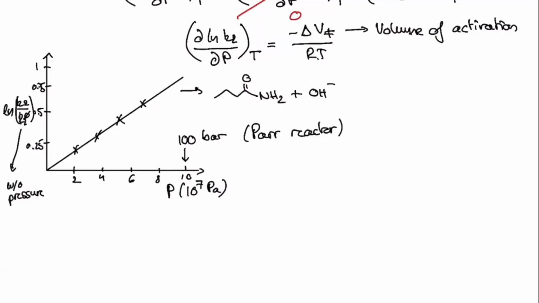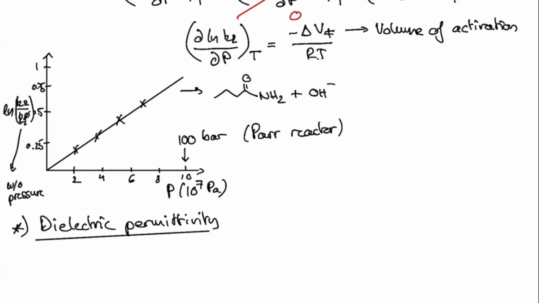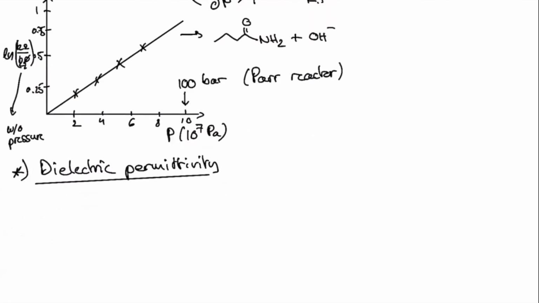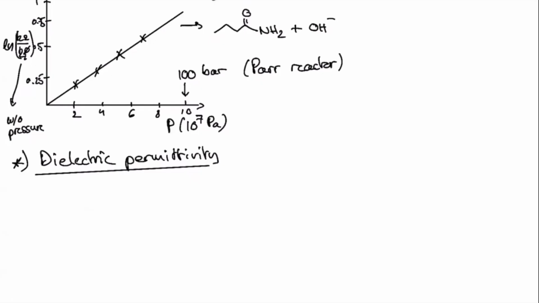Okay, let's look at another factor that can change your reaction rate, and that is the dielectric permittivity. This holds when the reactants are ions. We saw before this Coulomb force, right?